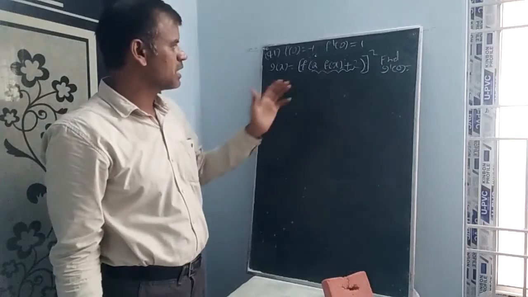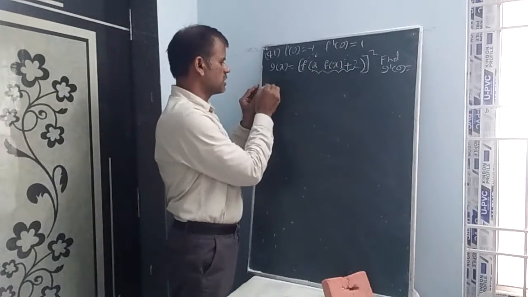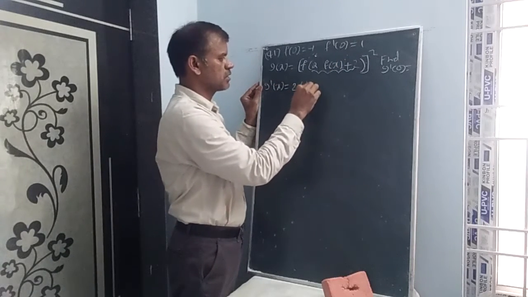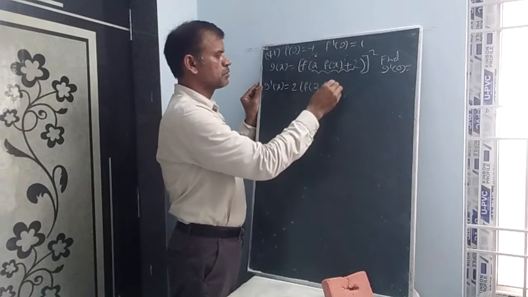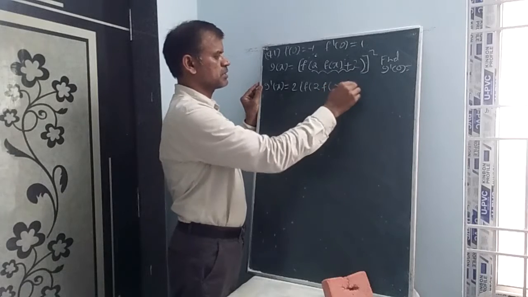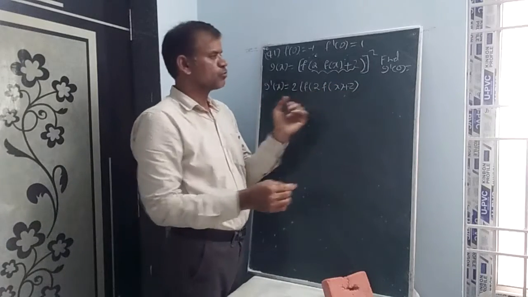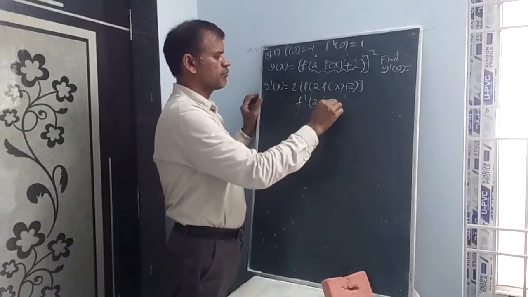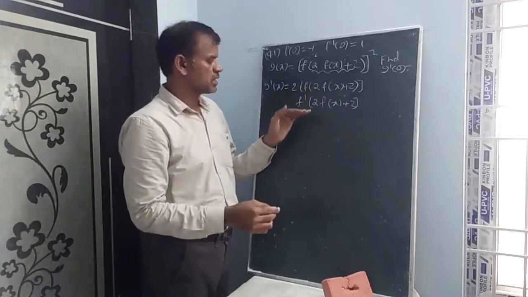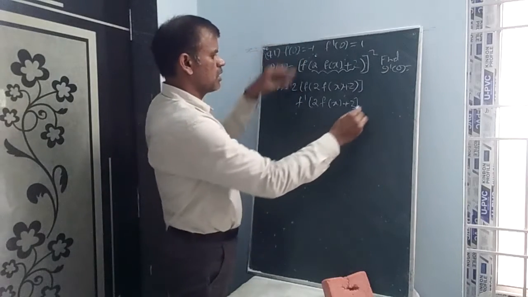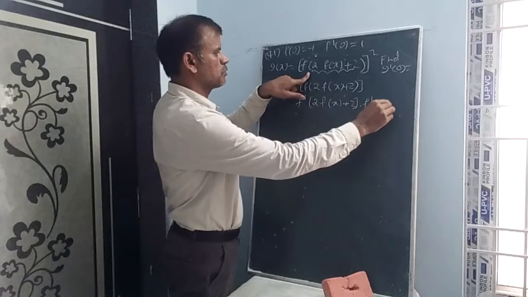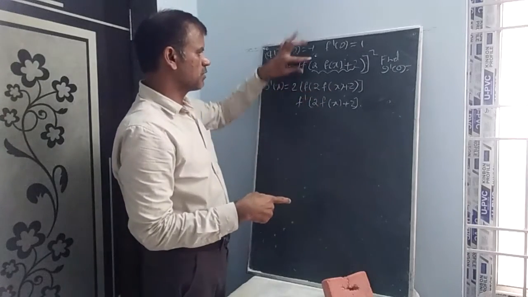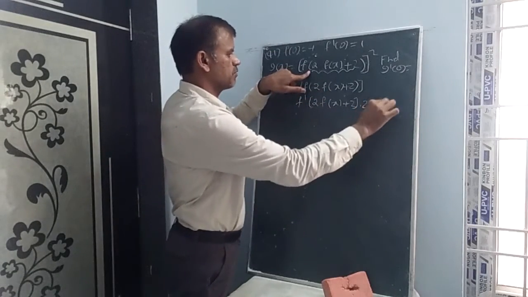So carefully you have to consider the derivative of g of x. Now g dash x, according to the derivative concept, like the derivative of x square is 2x, each and every derivative we need to calculate: 2 into f of 2f of x plus 2, into the internal derivative f dash of 2f of x plus 2, into the internal derivative 2 f dash of x.